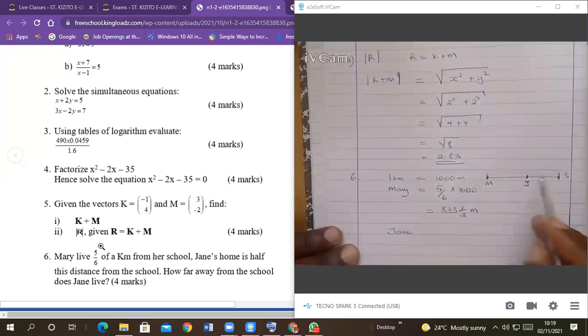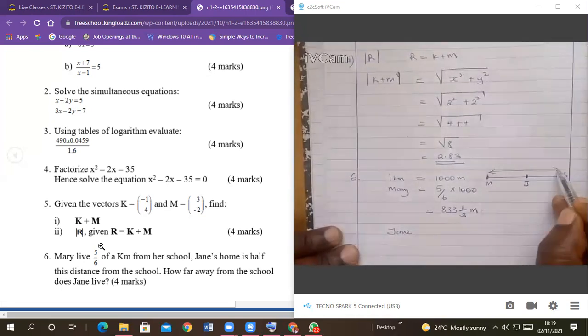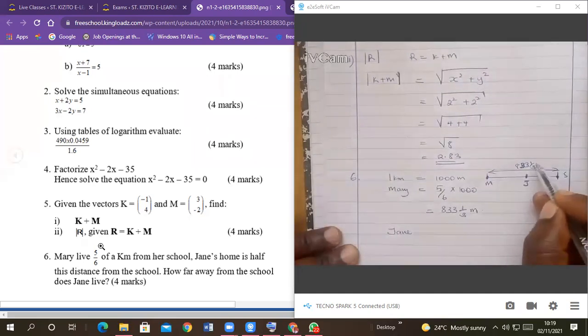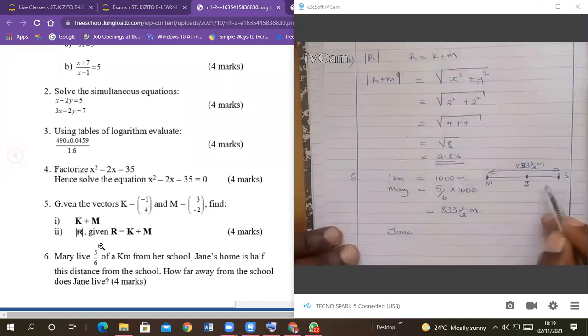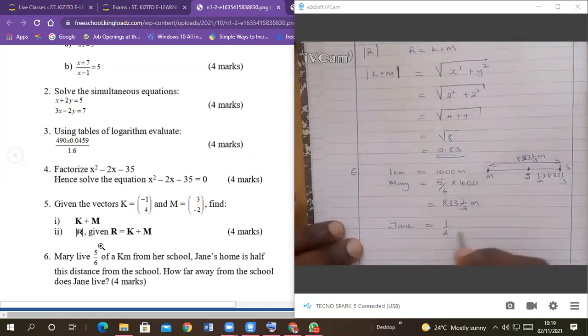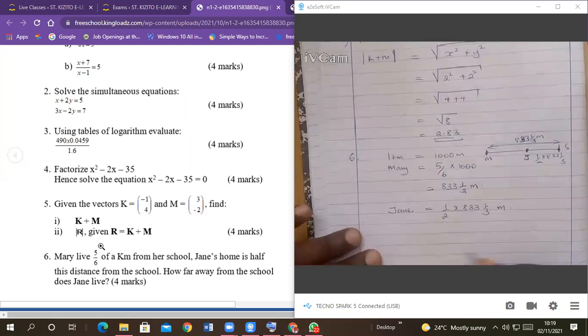Jenny is halfway. So if for Mary it is 833 and a third meters, then for Jenny it's going to be a half of 833 and a third, isn't it? From the school. So Jenny's distance is going to be a half of 833 and a third meters from the school.